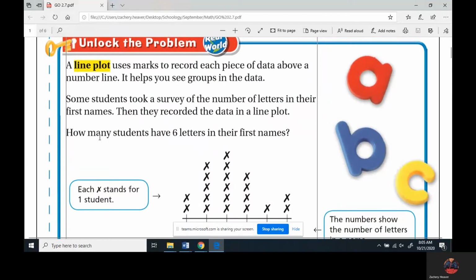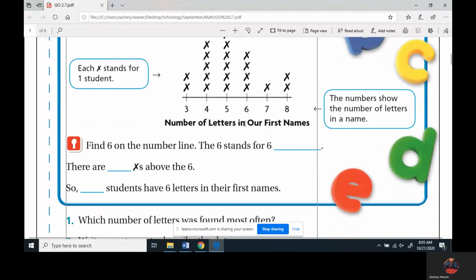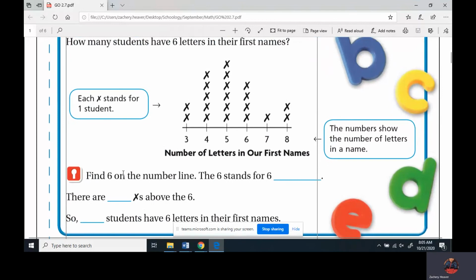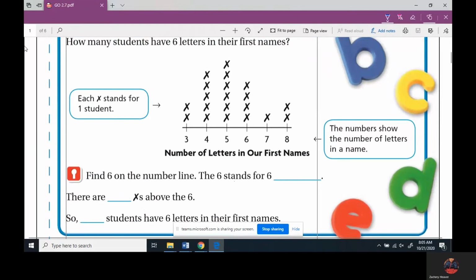So I want to know how many students have 6 letters in their name. Let's look. It says find 6 on the number line. The 6 stands for 6 letters, because that's the number of letters in our first names.